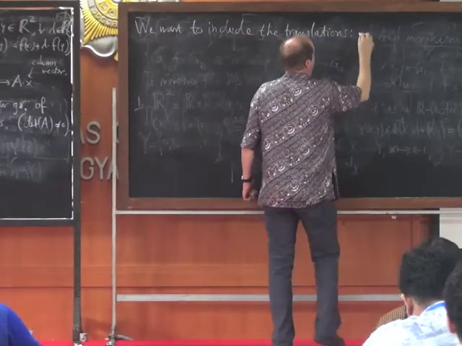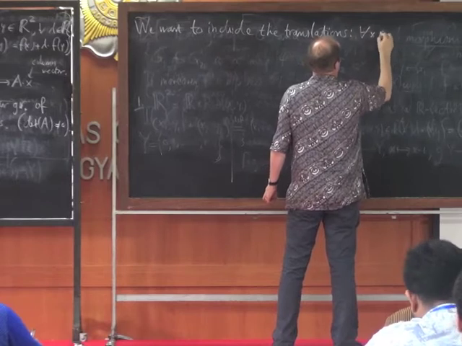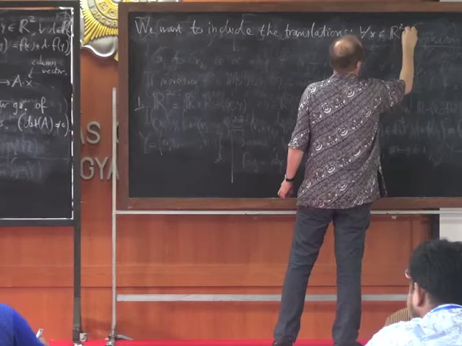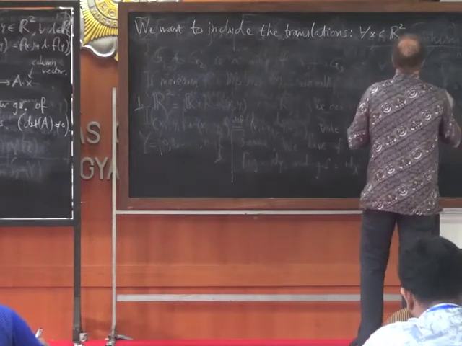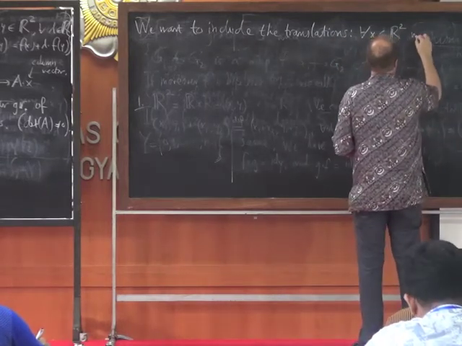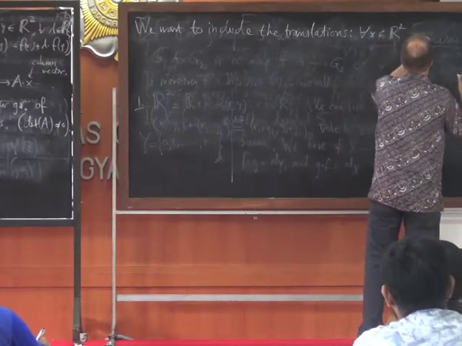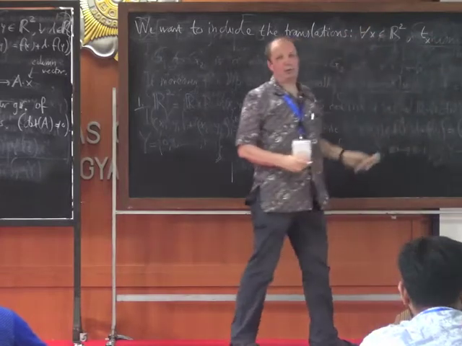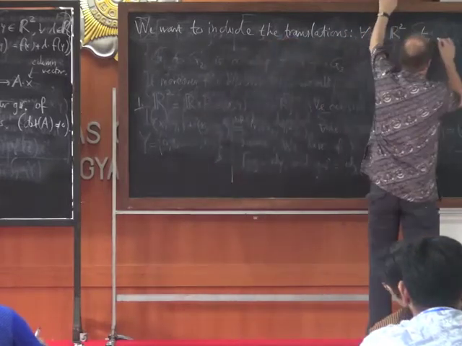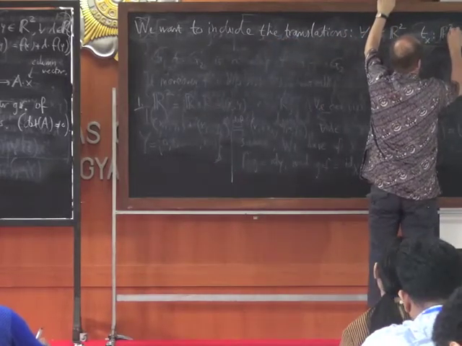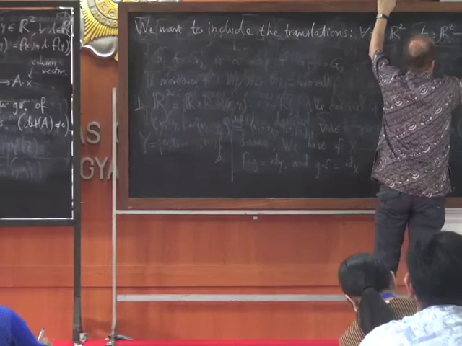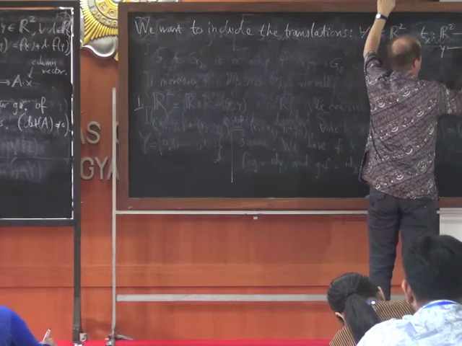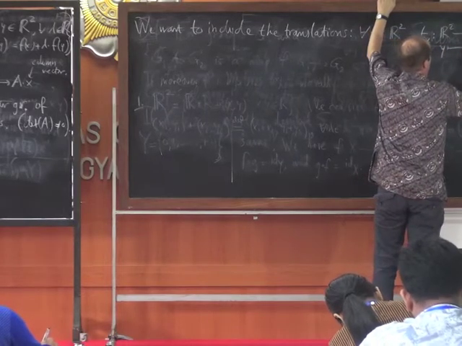So for every x in R2, I define something, Tx, T stands for translation. Tx goes from R2 to R2, and it sends, well, I cannot use the letter x now, so I use y. y goes to x plus y.